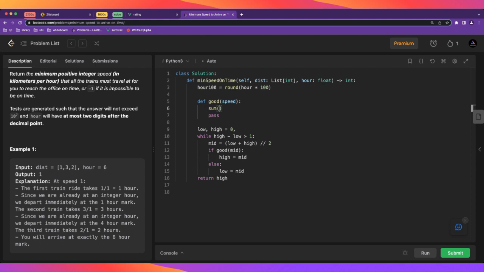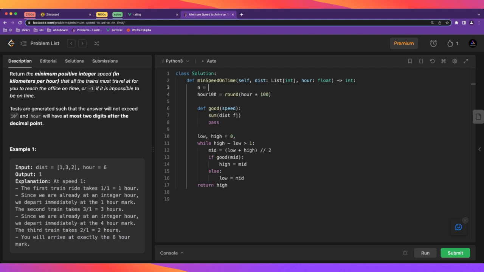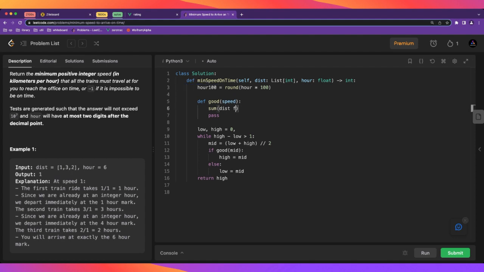We want the distances, all the distances except, how do we do this? Yes, maybe we can call it like this, and we want all except the last one.